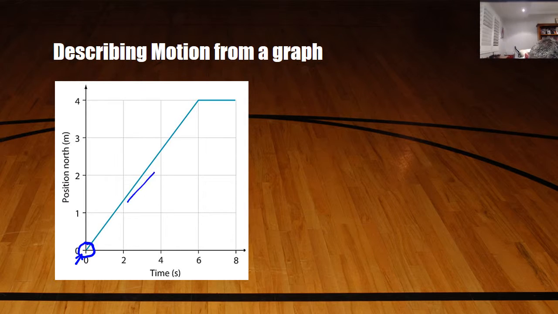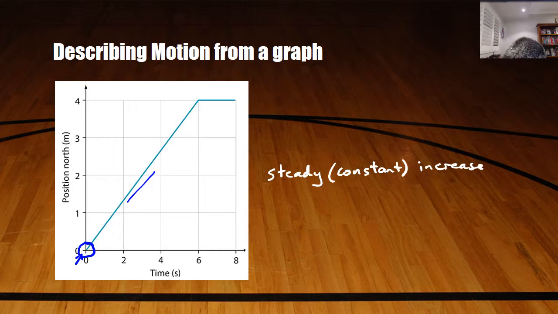The section of the graph where there is a rise indicates motion. In this case, the motion is a steady or constant increase in displacement.